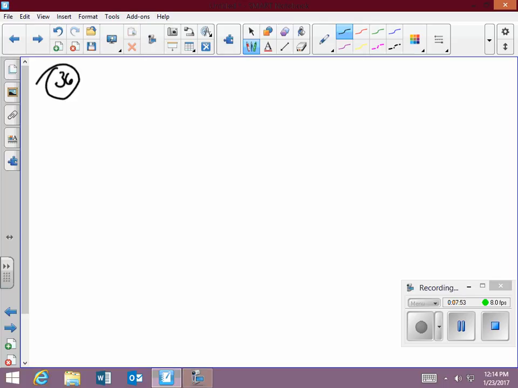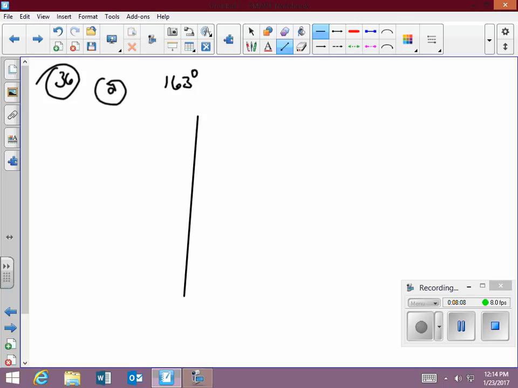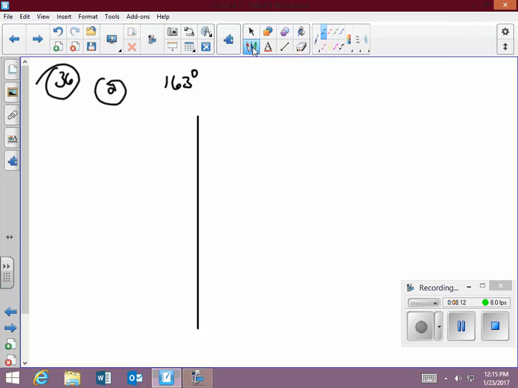Okay, so these are the azimuths we're going to convert. 36A, and it's 163 degrees. So we're going to go from a north-south line, and go around 163.